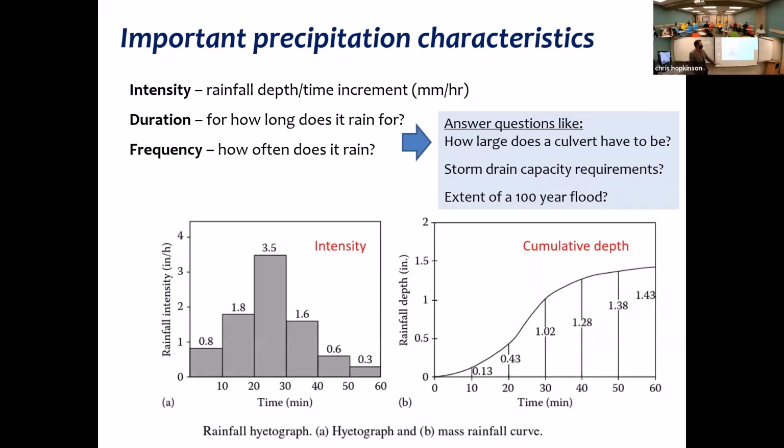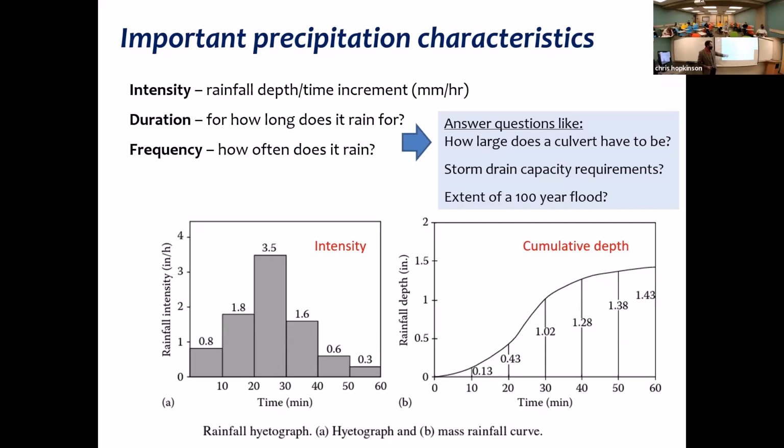So this is just an example, and forgive me that it's inches per hour; it could just as easily be millimeters or centimeters. The units aren't really important. But here we have a rainfall hyetograph. In your lab 2 on Monday, Linda's going to introduce you to some data that's going to look just like this, and it's for the eastern slopes here in Alberta. So this is a rainfall hyetograph: it's the magnitude of rainfall over a certain increment of time.